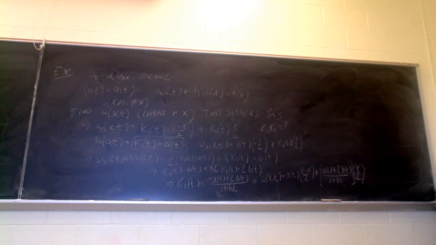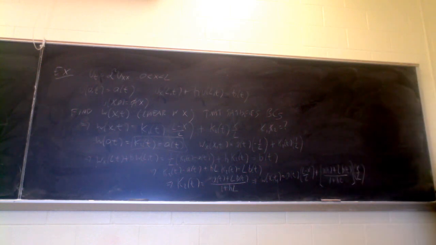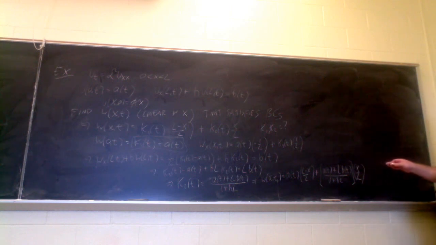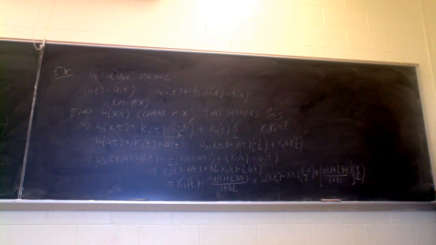Actually, yes, there's a mistake in the notes, because I just had A of t, I forgot the actual Lagrange polynomial. So I'll need to correct that later. So now I have my linear function in X that satisfies the original non-homogeneous boundary conditions.